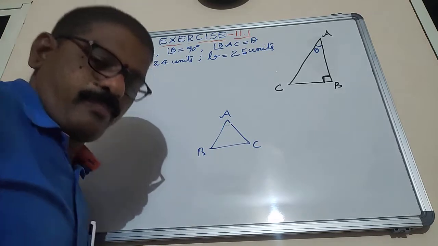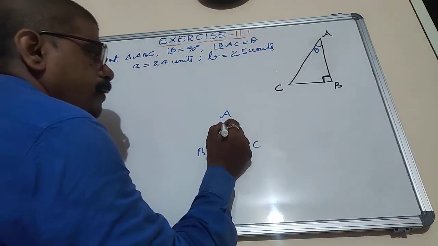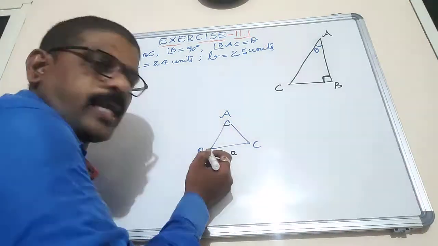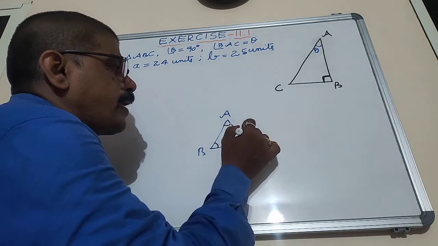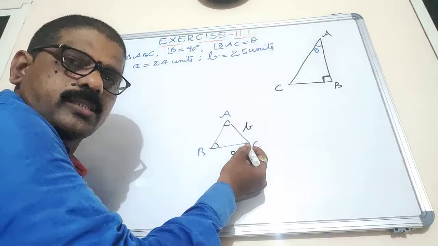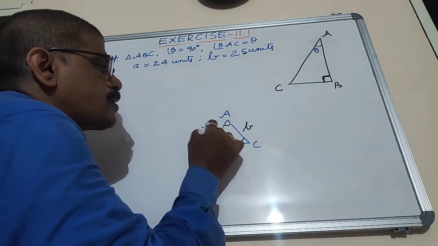BC. That is denoted by a. The opposite side to angle B is AC, denoted by b. The opposite side to angle C is AB, denoted by c.